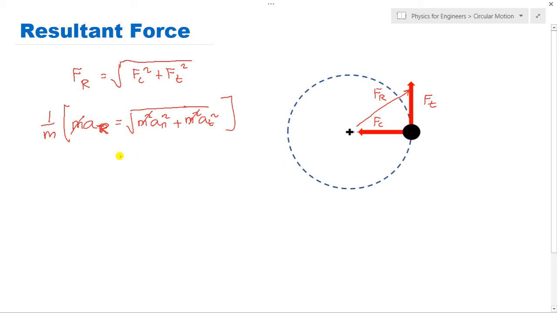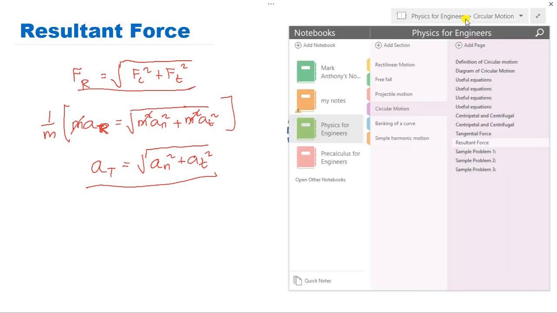So they cancel. That's why our total acceleration is equal to the square root of the sum of the squares of the normal acceleration and the tangential acceleration. So both force and their corresponding accelerations follow the same format of their vectors. So here, these are the equations for circular motion that you should remember.